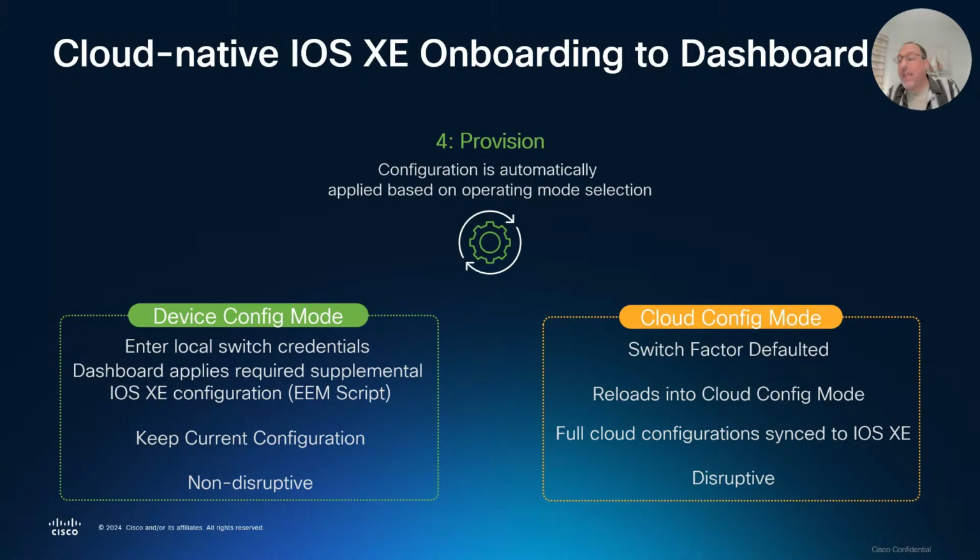Then it's going to run that script. And that script is going to add; it's not going to change or get rid of any of the config that's already there. So if the switch is in production and running, it's still running while this is happening. This is a non-disruptive change. All it's going to do is add maybe 100 lines of code to your configuration.